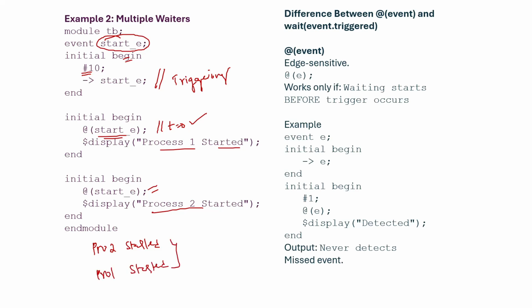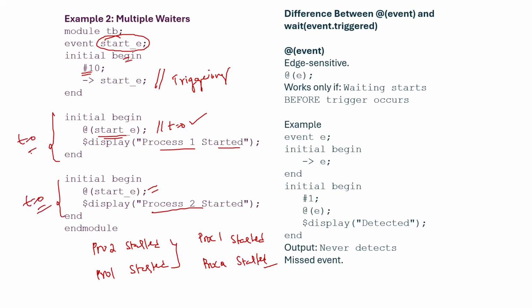In some other case, process 1 started and then process 2 started. This is another case. Both have the same chance, because the simulator will not know which one gets first. The two initial begins are starting at t equal to 0 only.